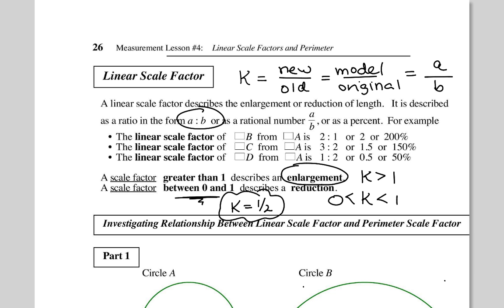That's an example of a scale factor that would reduce. If you multiplied everything by 1/2, would it reduce? Yes, it would become half as large. If you multiplied everything by 2, everything would double. Would it enlarge? Yes. You can also express these ratios as percents.